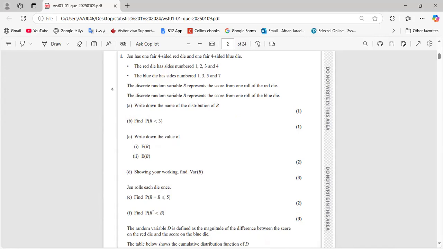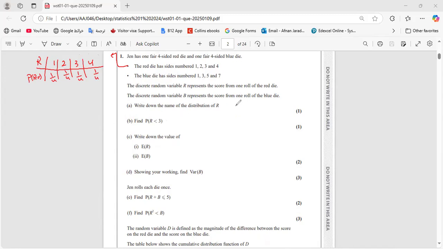To name the distribution of R, it's a fair four-sided die, so all probabilities equal each other, which is 1 over 4, because the red die has sides numbered 1, 2, 3, 4. So look here, the red outcomes, which are 1, 2, 3, or 4, and the probability equals 1 over 4 for each, equal to each other.